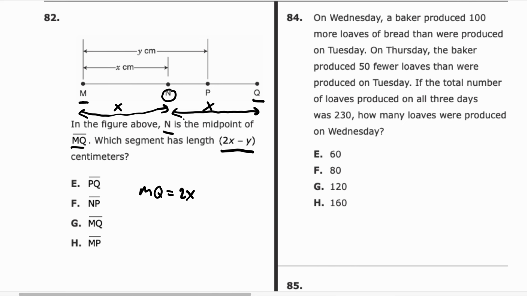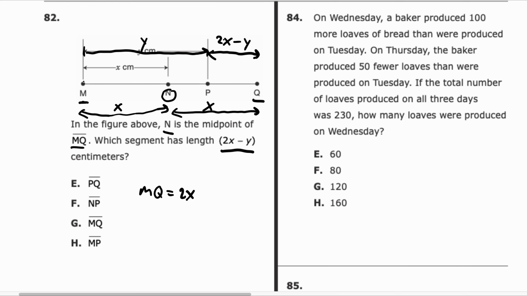And then if we subtract y from that, so this is y, right? Then what we would get is this. So if this is y and MQ is 2x, then this would be 2x minus y, right?